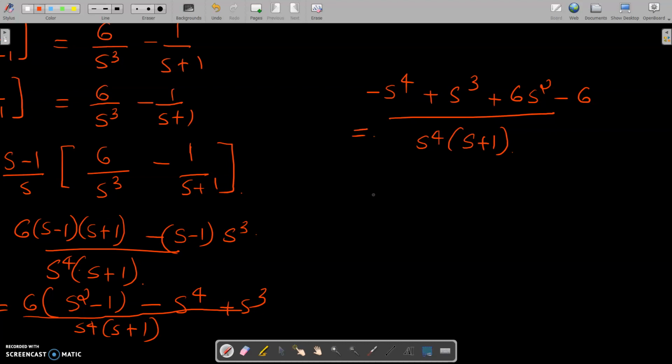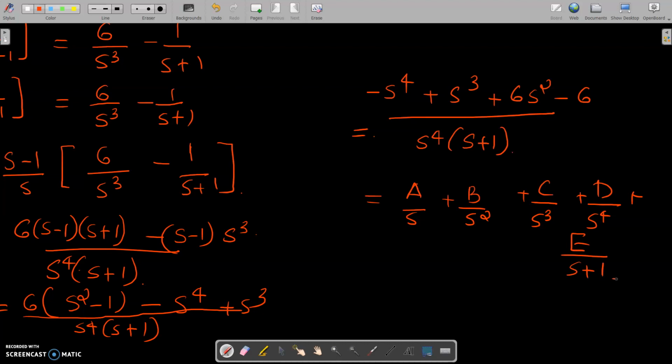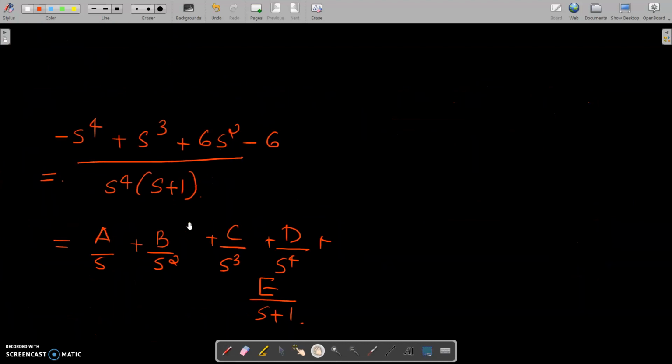Okay, so this is equal to a by s plus b by s square plus c by s cube plus d by s raised to 4 plus e by s plus 1. ഇതാണ് നമ്മുടെ പാർഷ്യൽ ഫ്രാക്ഷൻ ആക്കിയാൽ കിട്ടുക. എന്നിട്ട് സോൾവ് ചെയ്യുക. സോൾവ് ചെയ്ത് കഴിഞ്ഞാൽ ഏത് രീതിയിൽ സോൾവ് ചെയ്യുന്നുള്ളതാണ് നെക്സ്റ്റ് ചെക്ക് ചെയ്യാനുള്ളത്.